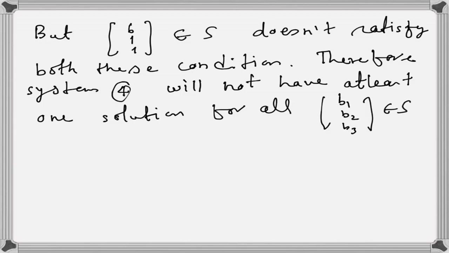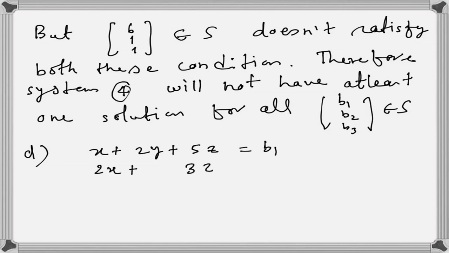Okay, so let's go to the last part, which is D, and here the system is given by x plus 2y plus 5z is equal to b1, 2x plus 3z is equal to b2, x plus 4y minus 5z is equal to b3.